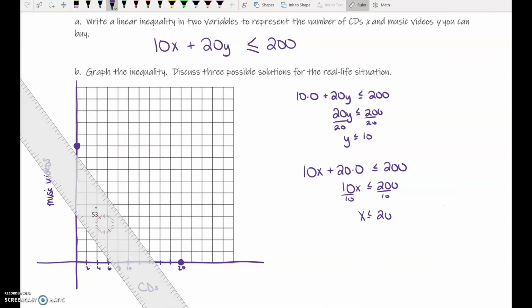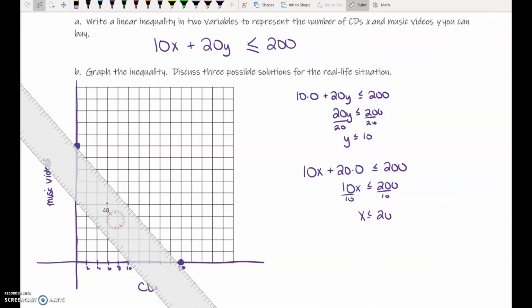And then I will connect those, and because it's less than or equal to, we can do a solid line. I really want that to be like 46 maybe? No, 49. Sorry, I'm trying to get my angle right for this ruler. It's gonna have to be close enough.